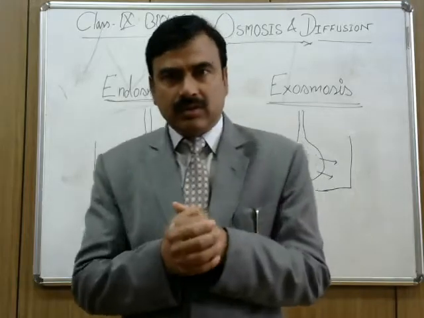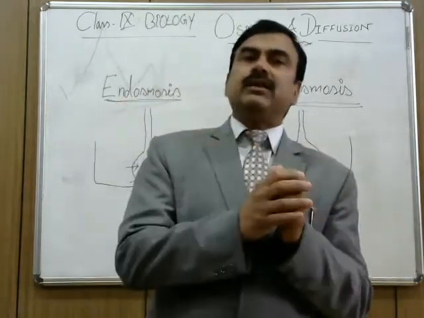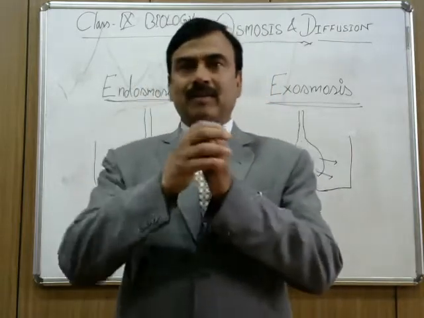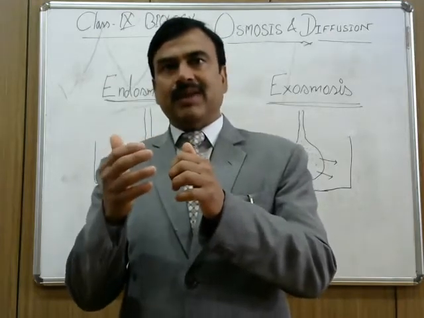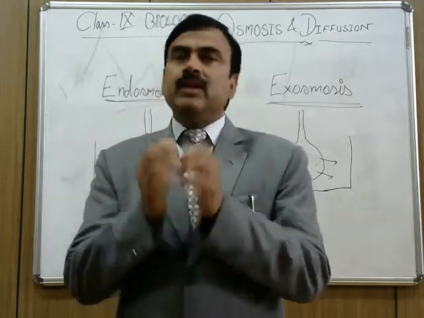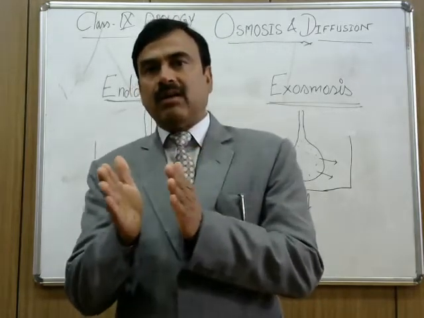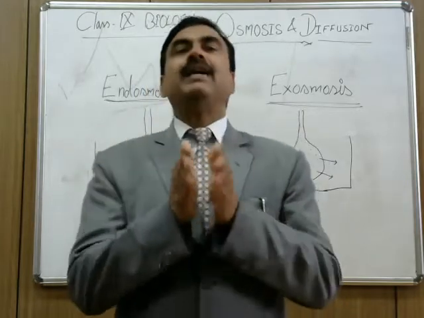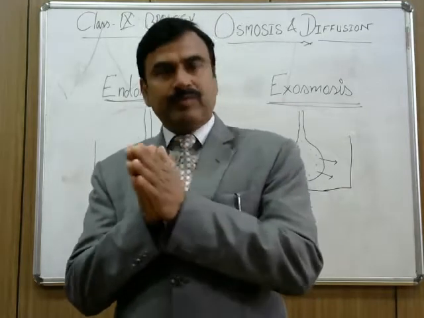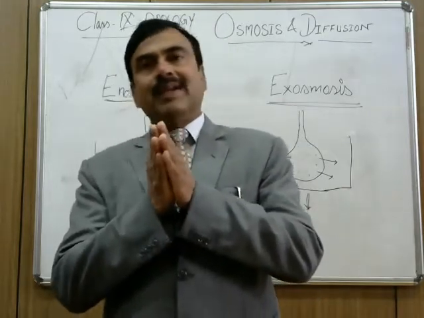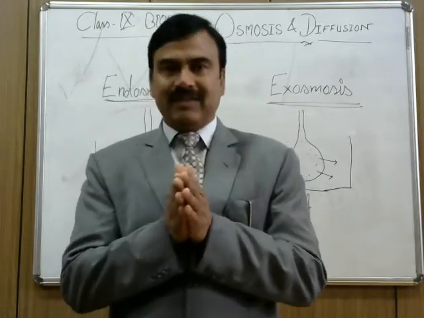In our body also there is the movement of the particles from one region to another region. As you know, the circulation of the blood in the human heart, in the vessels, in the arteries, veins, venules, capillaries, etc. So in connection with these cell organelles, osmosis and diffusion are very important processes. Now at home you can see there are many examples of osmosis and diffusion.